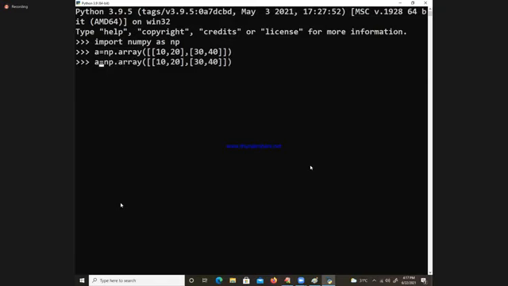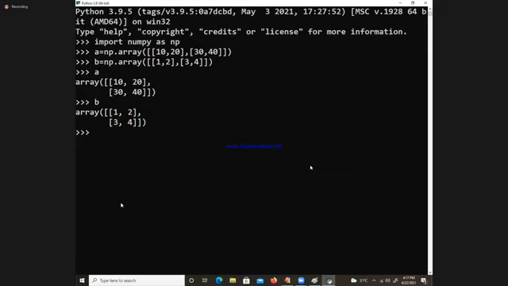Similarly, you create B also. There I will take 1 2 3 4. You print A, you print B. Same matrices, the order is the same: 2 rows, 2 columns.